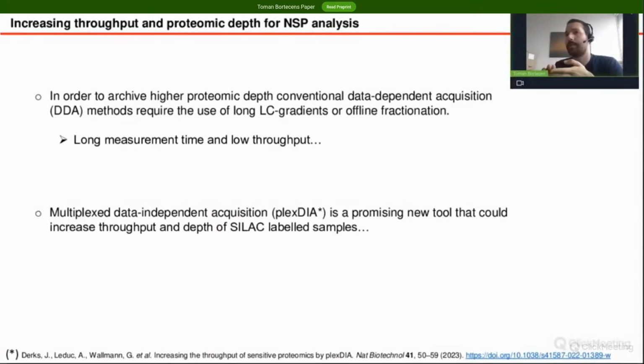There's one solution which we became attracted to, and this is the newly developed methodology and software tool for multiplex data-independent acquisition.